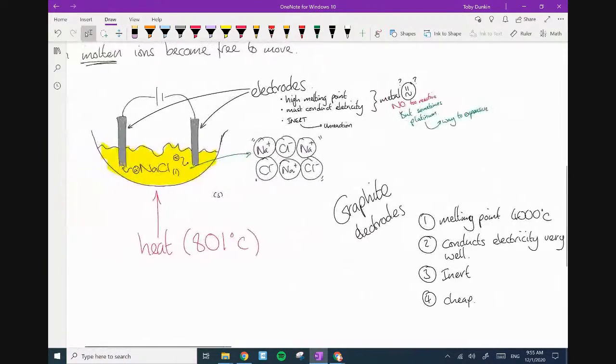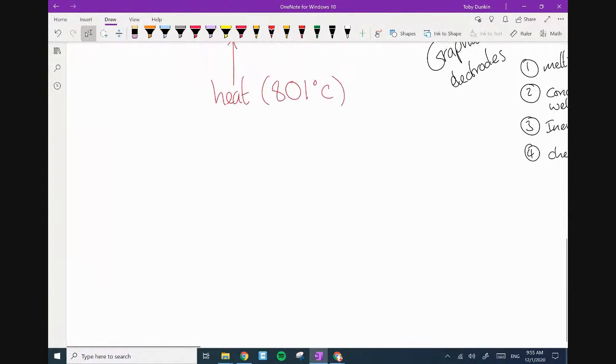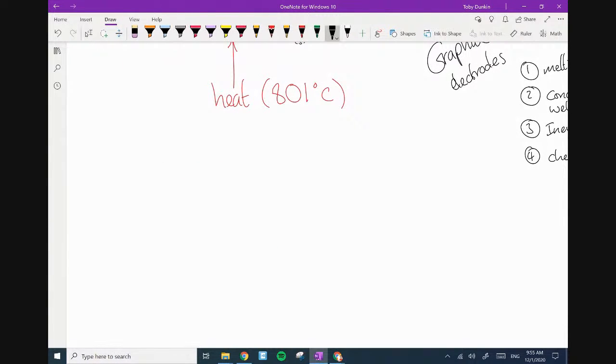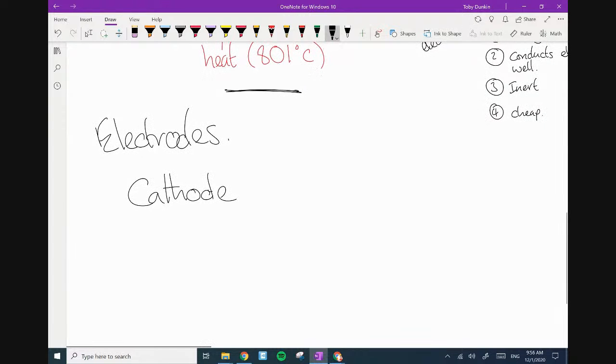Now, what we need to realize is that there are actually 2 different electrodes. Number 1, the cathode. Now the cathode, I'm going to color coordinate this.